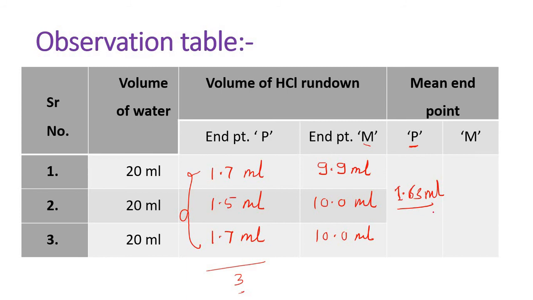Then you can calculate the methyl orange endpoint. If I take the mean of this, what is the mean? It could be 10.0. So depending on these mean values of P endpoint and M endpoint, we'll go for calculation.